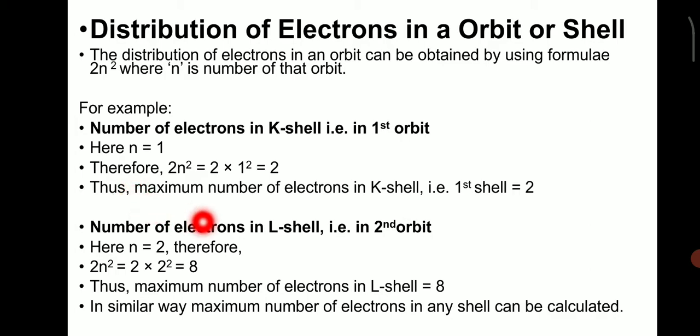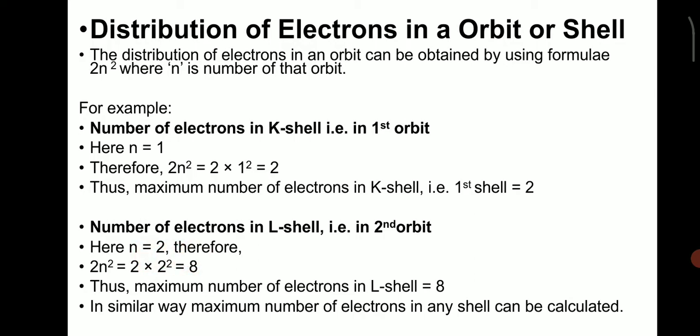So what is the maximum capacity of the L shell, that is the second orbit? Since the shell number of L is 2, n is 2. Substitute in 2n square: 2 into 2 square, that is 8.